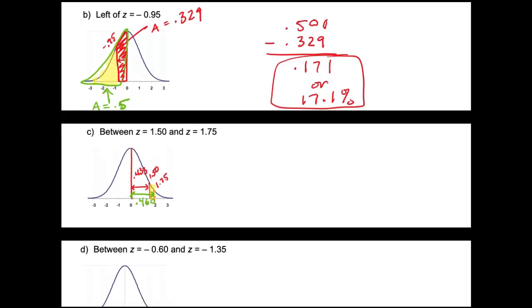0.460. And so if I take this entire region, so the 0.460 is between 0 and this outer line. If I take that entire area, which is 0.460, and I subtract 0.433, which is just this area right here from 0 to 1.5, then that will give me that small shaded yellow section that's between 1.5 and 1.75.